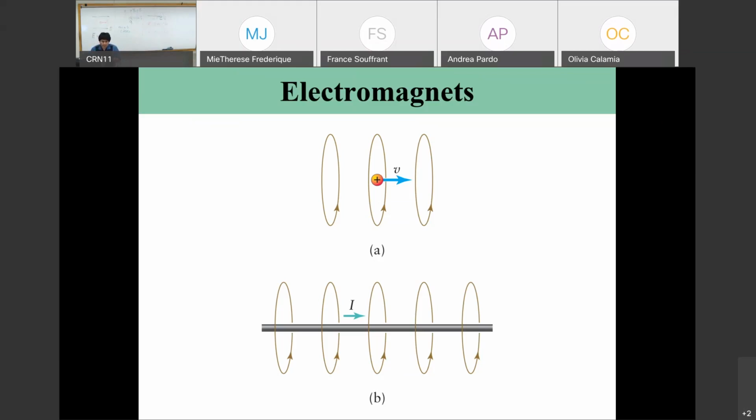The magnetic field actually depends on the strength of the current and the distance from the source. That's why, okay, let's keep talking about the planets and astronomy. Jupiter and Saturn have very strong magnetic fields.